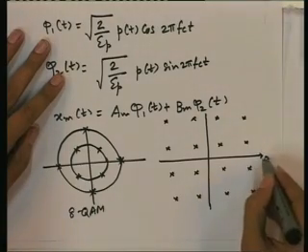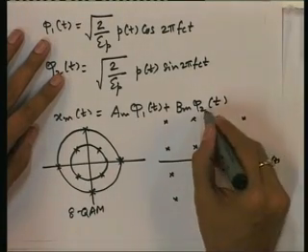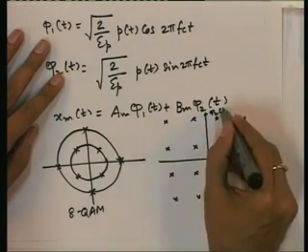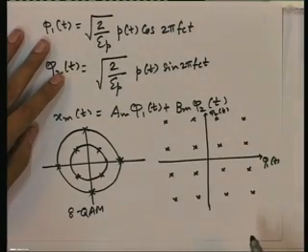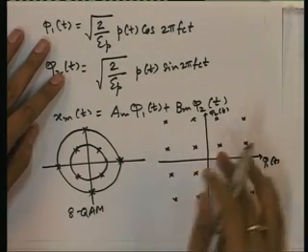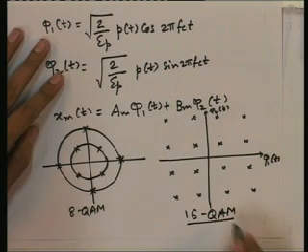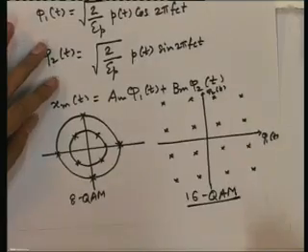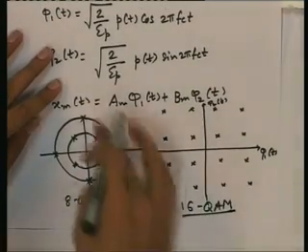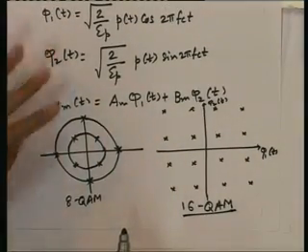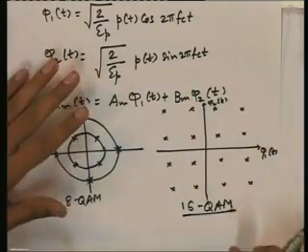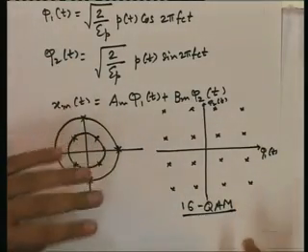So this is phi 1(t), this is phi 2(t), and these are the points. So this is 16 QAM, and this is a very popular 16 QAM constellation, though other 16 QAM constellations can be used. This is the standard 16 QAM constellation that is used in practice.